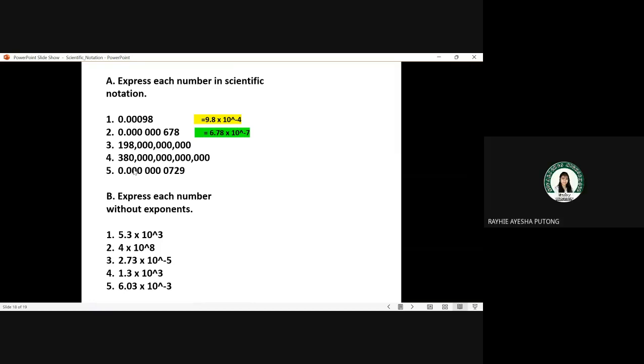Putong po. Yung iba naman po, pagbigyan natin sila. Putong? 1.98 times 10 to the 9th power. 9?